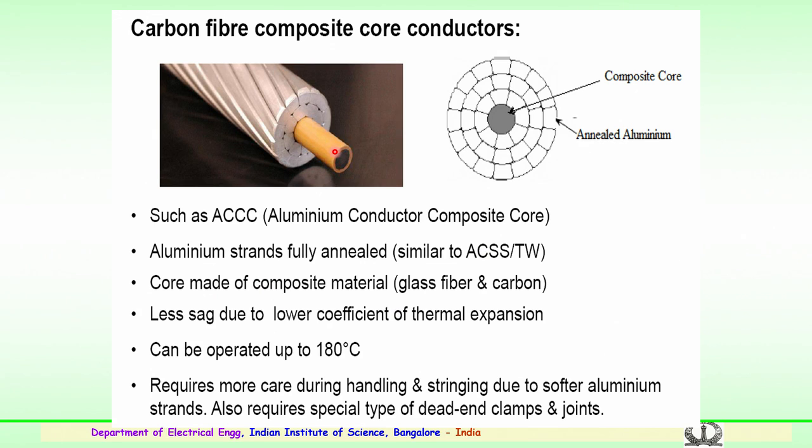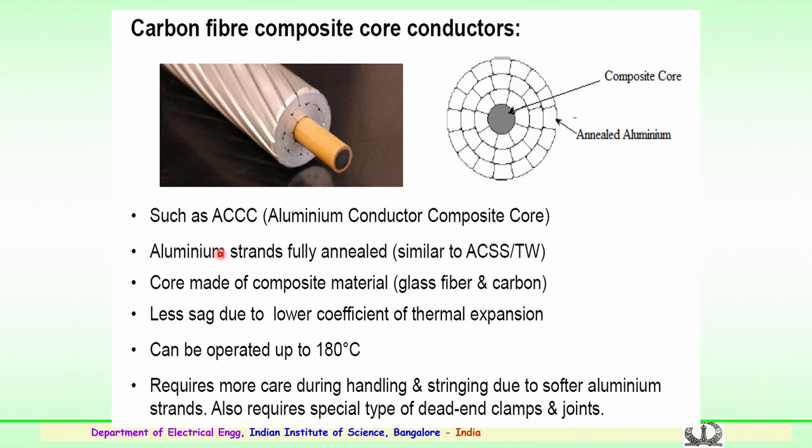This could be glass fiber and carbon. It also possesses less sag, operates at 180 degrees, and has a lower coefficient of thermal expansion like the earlier high temperature conductors.